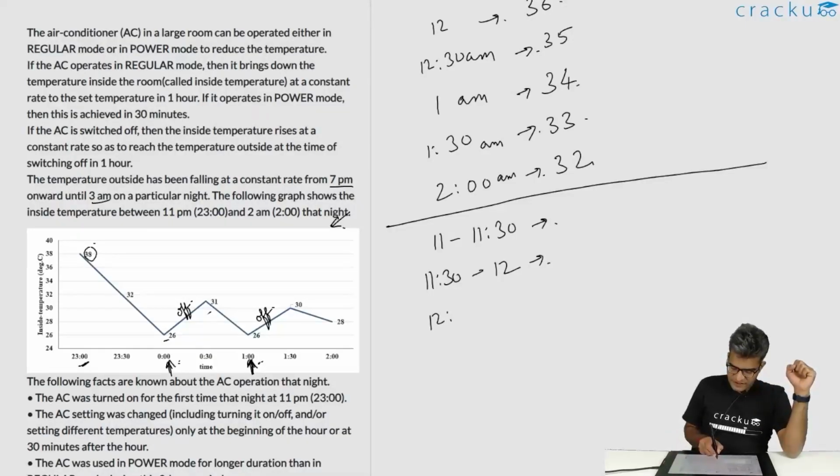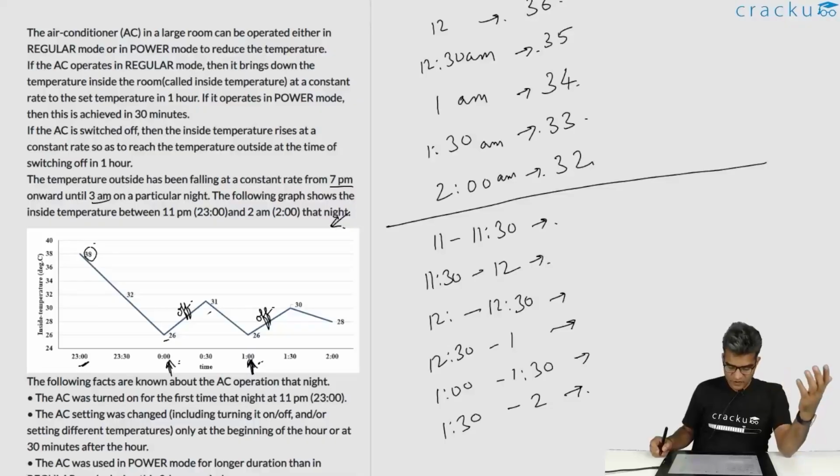Then you have from 12 to 12:30, then from 12:30 to 1, then from 1 to 1:30, and finally from 1:30 to 2. One thing we already know is that for 12 to 12:30 it was switched off. Similarly from 1 to 1:30 it was switched off.